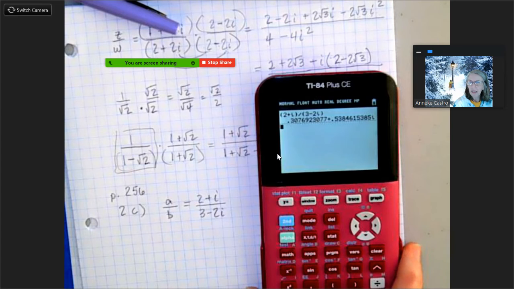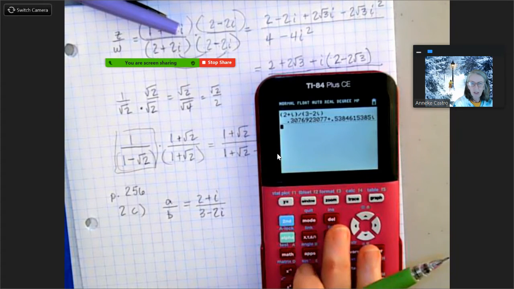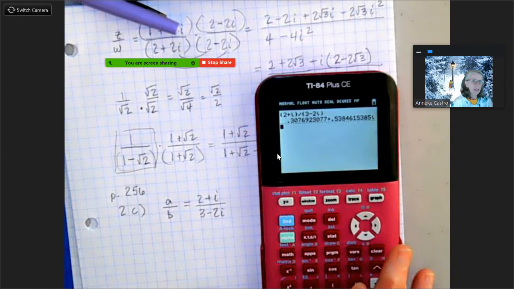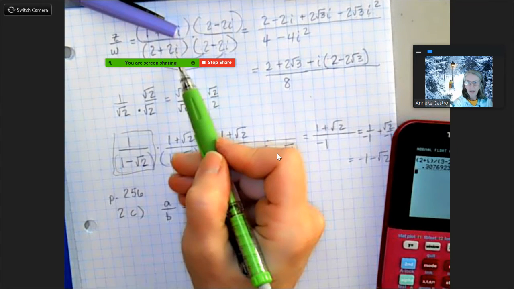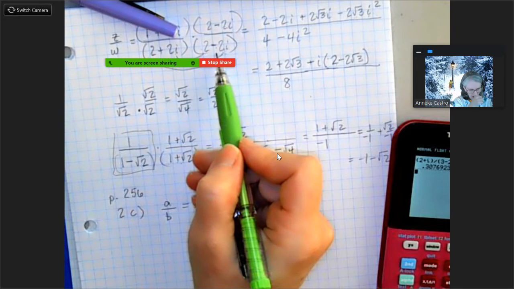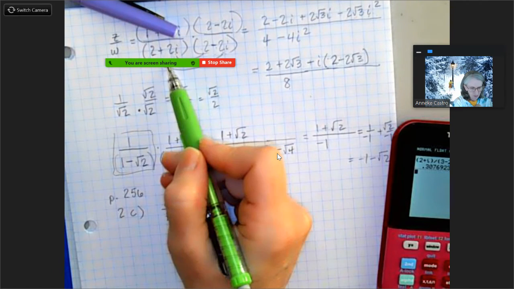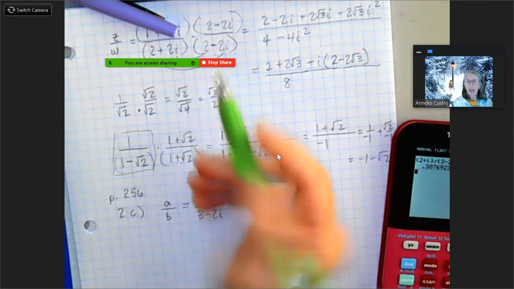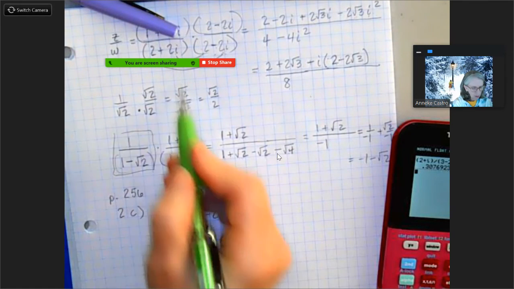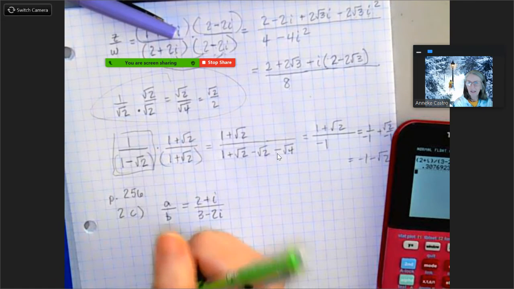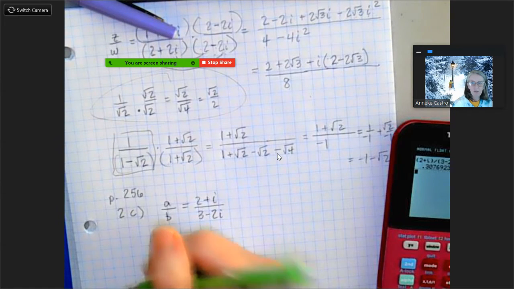And, you know, IB Math Applications and Interpretations is really big on using the graphing calculator. So you might want to try some of these problems one way and then try others another way and see how it works out. But I did want to explain why in the video the narrator changed the plus to a minus. He was trying to get rid of the imaginary number in the denominator, much like we do when we rationalize the denominator in a fraction.